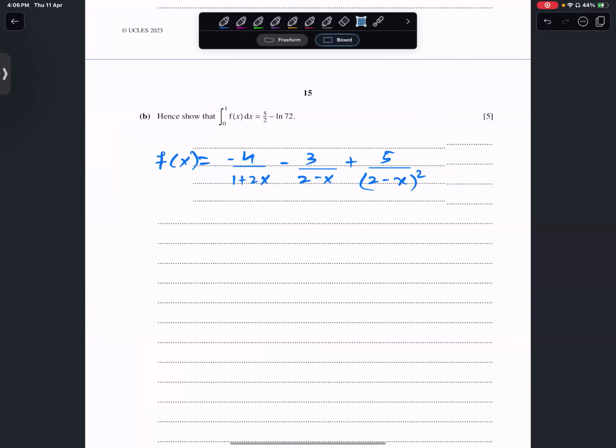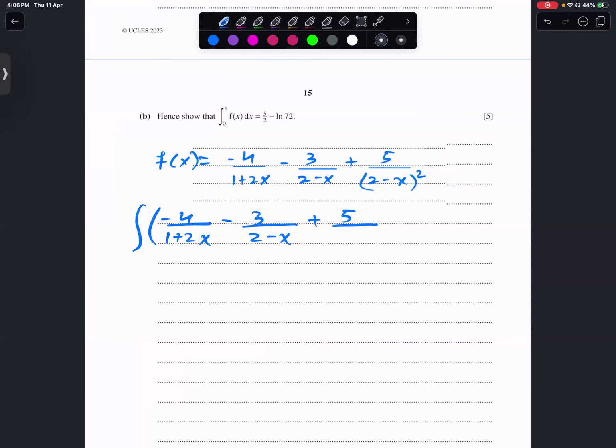Now we will integrate this part. So the integral from 0 to 1.